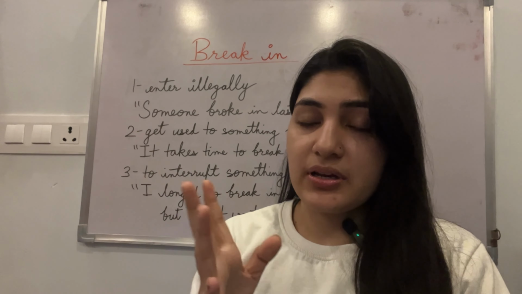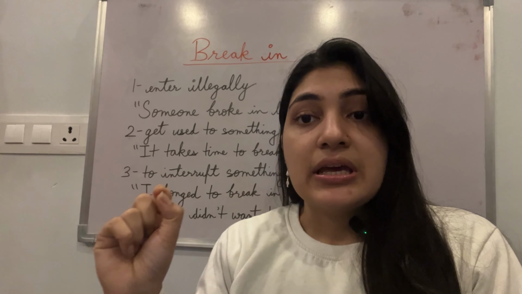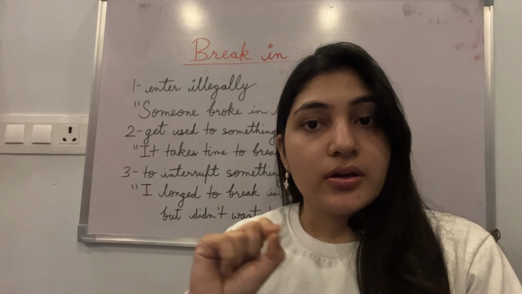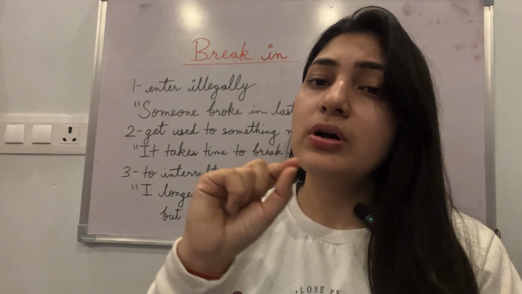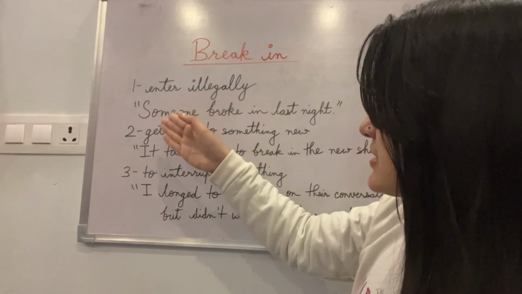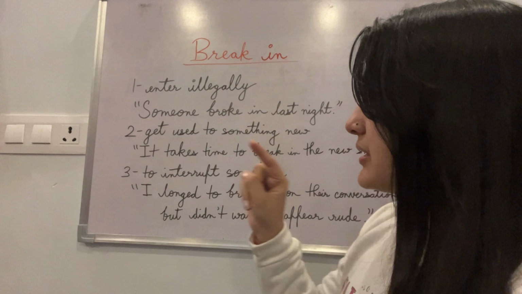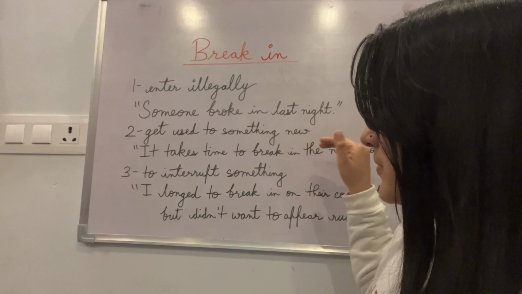But when you say break in, you don't say they broke in our house. Nope, you should just say they broke in last night. Someone broke in last night. Okay, so no object.